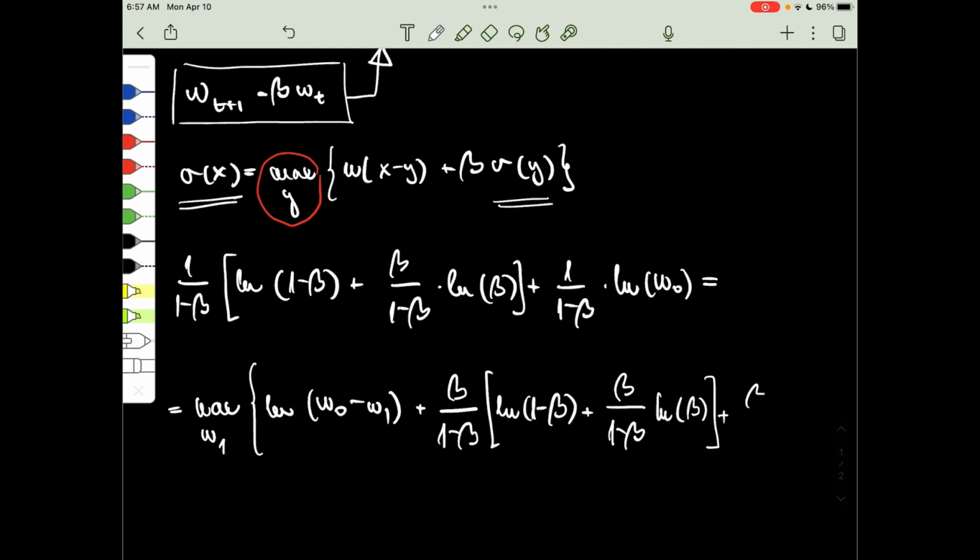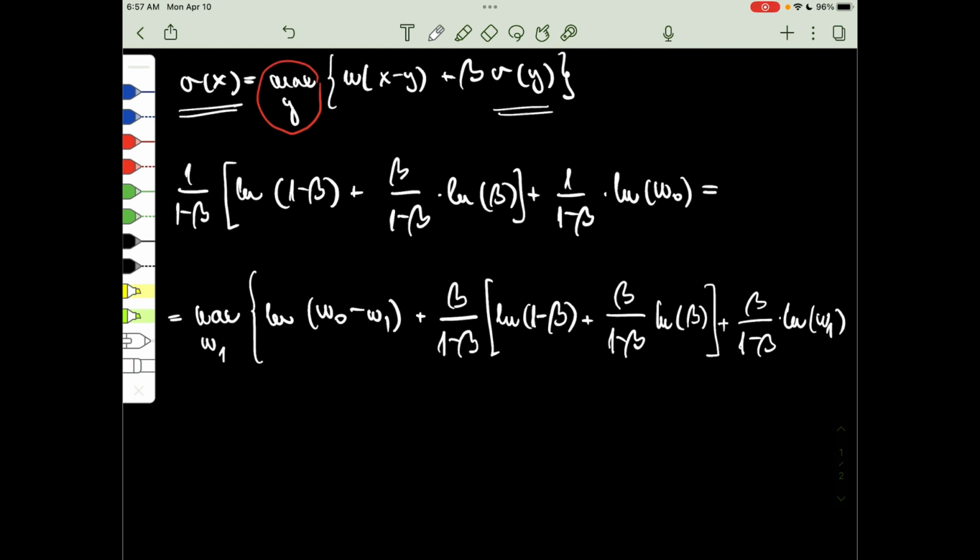Yeah, and the last item. So this is the problem we are supposed to solve.